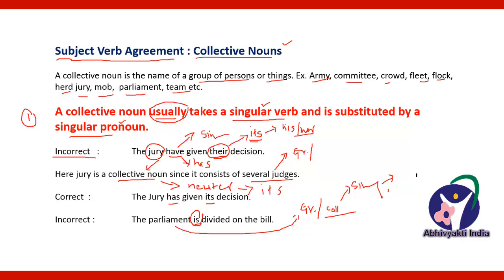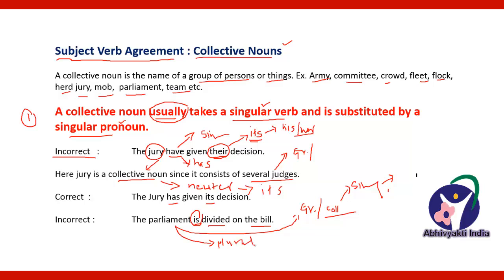But it is incorrect because every member of the parliament is not of the same opinion. They have different opinions on the bill, and therefore each one of them is acting as an individual and not as a group. Therefore here the parliament is not taken as a singular noun but as a plural.